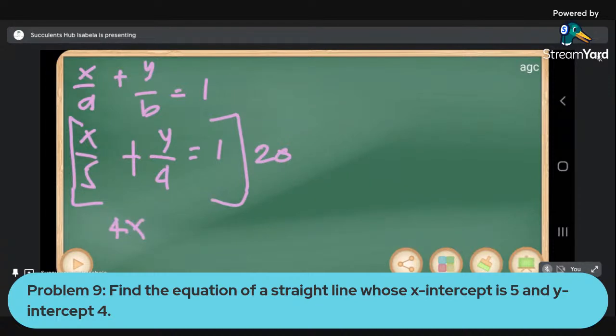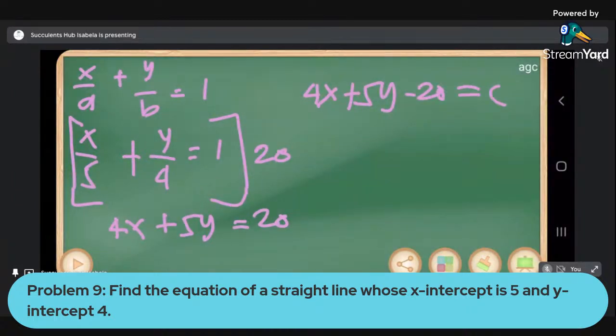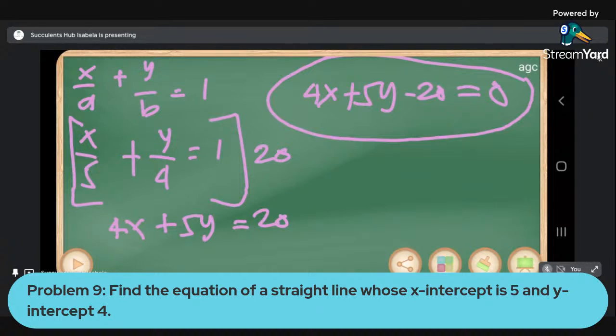Then, you have 20 divided by 4 is 5 times y, plus 5y. 1 times 20 is equal to 20, or you can rewrite that as 4x plus 5y minus 20 is equal to 0. So that is the equation of the straight line.